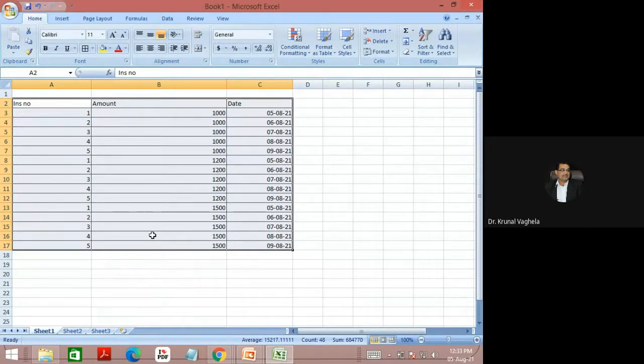Now tell me which column you will nominate here as a primary key. I am asking about primary key. Yesterday we have defined primary key, if you have remembered. Tell me what is primary key.